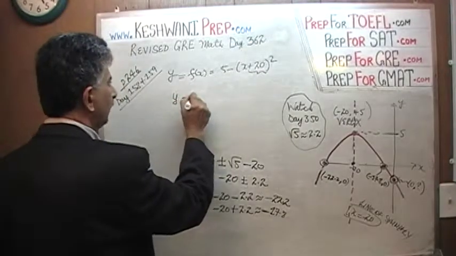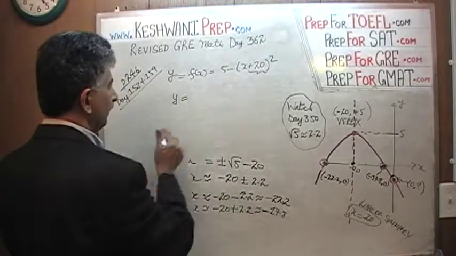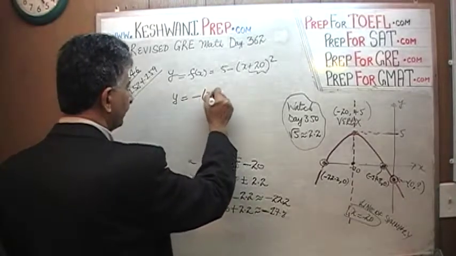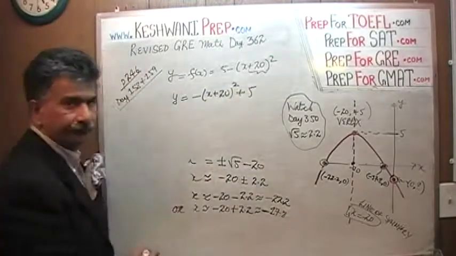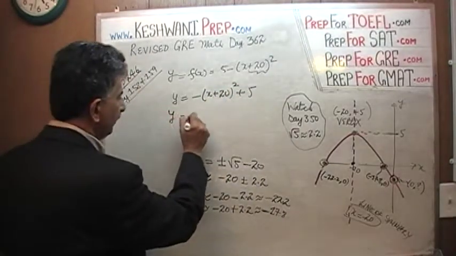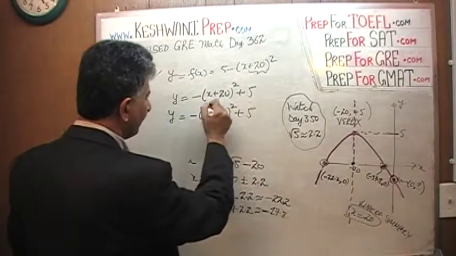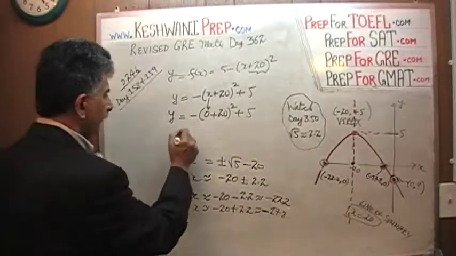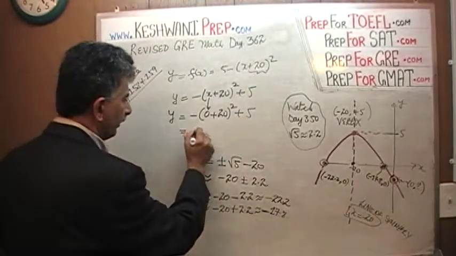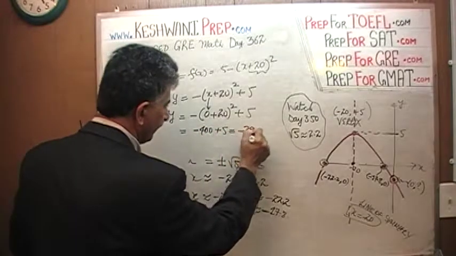So y equals negative x plus 20 squared plus 5, which means y is equal to negative 0 plus 20 squared plus 5, because x is equal to 0. 20 squared is 400, so we get negative 400 plus 5, which is negative 395.